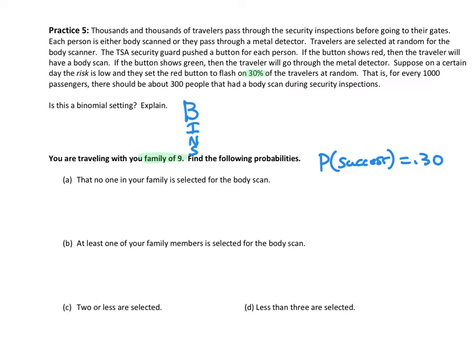All right, and we reviewed binom PDF and binom CDF. Find the probability that no one in your family, so the probability that R equals 0, receives the body scan. You can write binom PDF because it's 0. You have 9 family members, probability of success 0.30, and 0 successes.